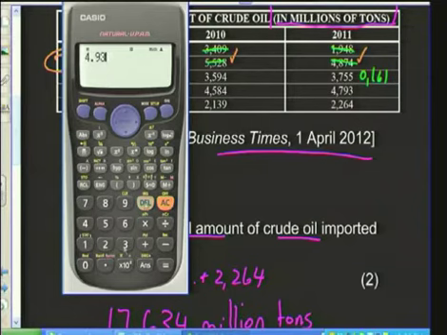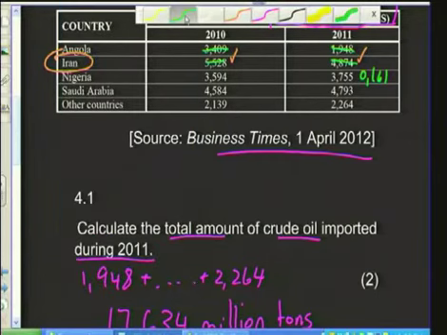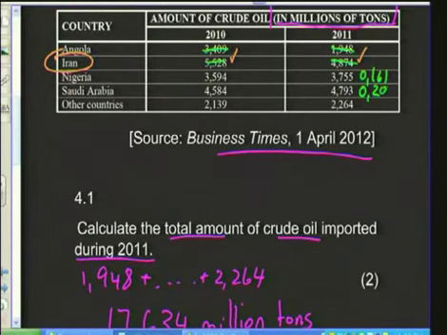Do the next one: 4,793 minus 4,584, and that answer is 0,209. So that's looking better. And the last one, I don't even know if we need to calculate, because if we add another 0,2 on here, that would become 0,3, that's less.